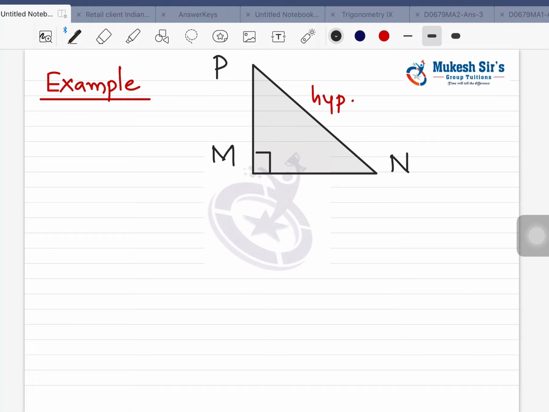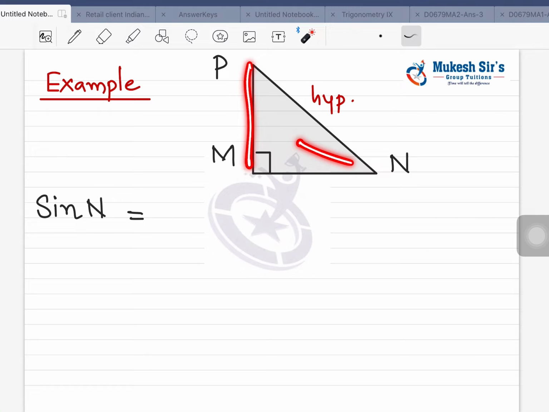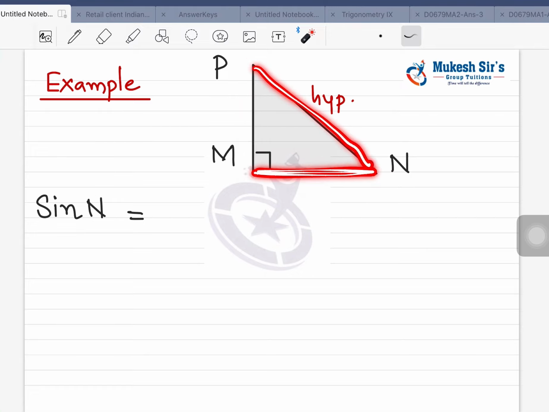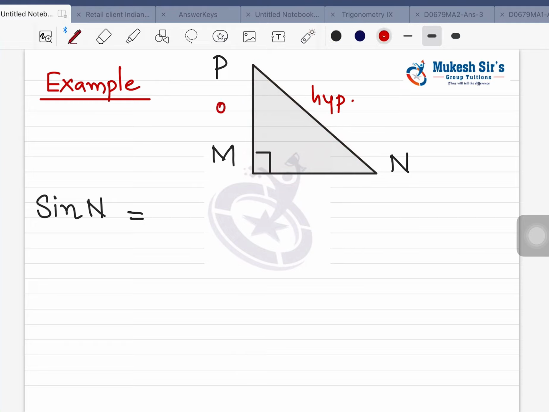Now if I ask you for the value of sine N, who's the opposite side of N? The opposite side of N is PM. The adjacent side of N is MN, and PN is the hypotenuse, right? So this is the opposite side of N, and this is its adjacent side.